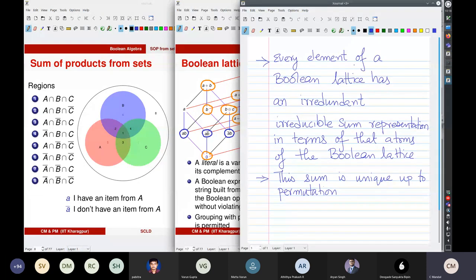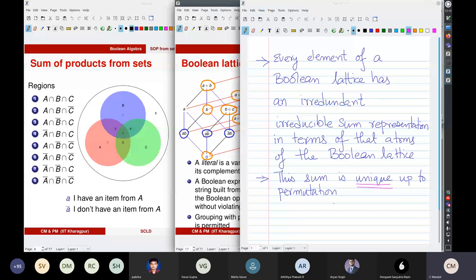That is very important. It is unique up to permutation.